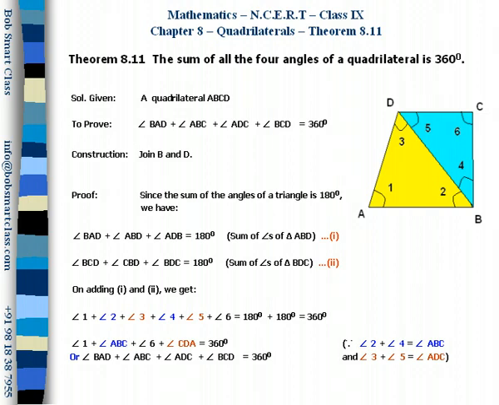Therefore, we get angle 1 plus angle ABC plus angle 6 plus angle CDA equals 360 degrees. In other words, angle BAD plus angle ABC plus angle ADC plus angle BCD equals 360 degrees. Hence, this theorem is proved.